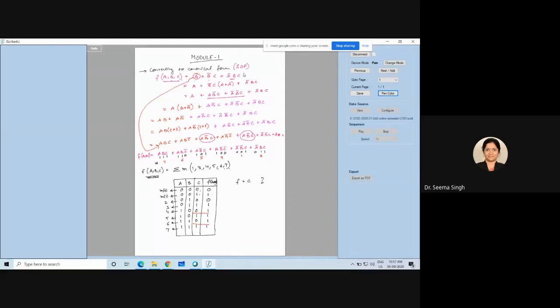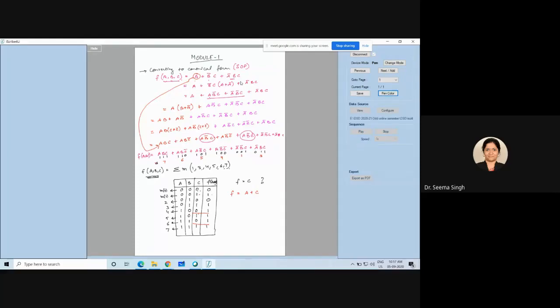So can I search for some other function? Can I say that it is A plus C? What am I trying to say? You told me that F equal to C can't be true because of these 2 cases, 4 and 6.